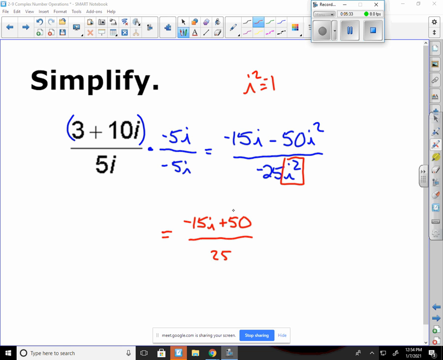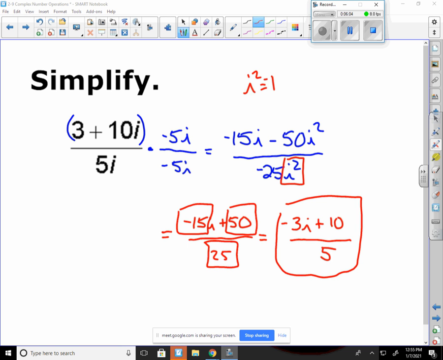Now, because these are all a multiple of 5, I can reduce it. So I would divide each of these by 5. It would give me negative 3i plus 10 over 5. I can only do that because those are all divisible by 5. So this would be our final solution.